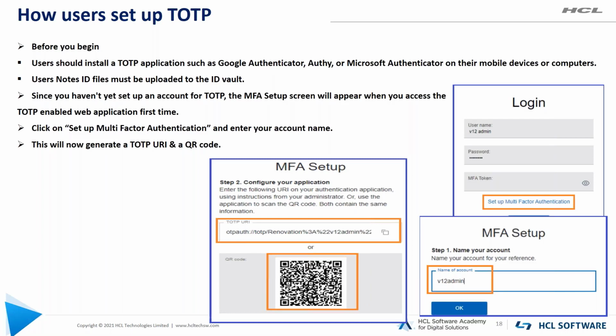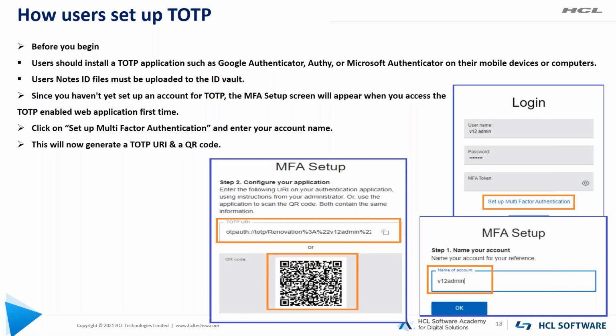A web user needs to set up an account for TOTP when accessing a web application the first time. To do this, click on Setup Multi-Factor Authentication. See the screenshot here on the right side. This will allow you to put an account name. The account name is for identification purposes.